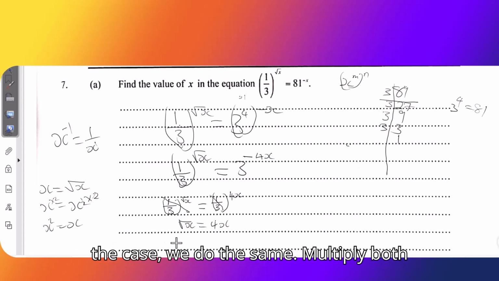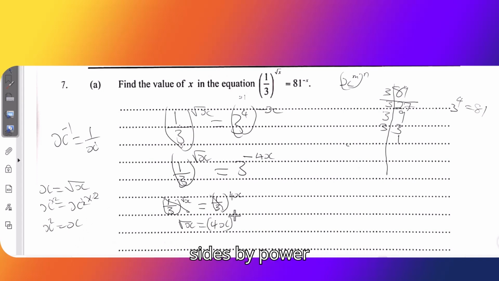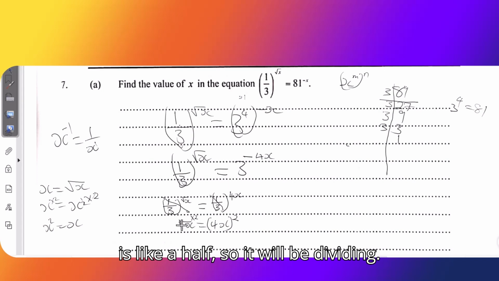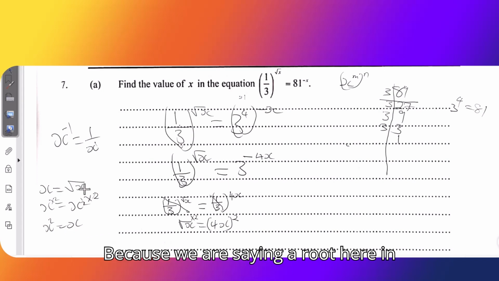So if that is the case, we do the same. We multiply both sides by power 2. A root is like a half, so it will be dividing, because we are saying a root here in exponent form or fraction.